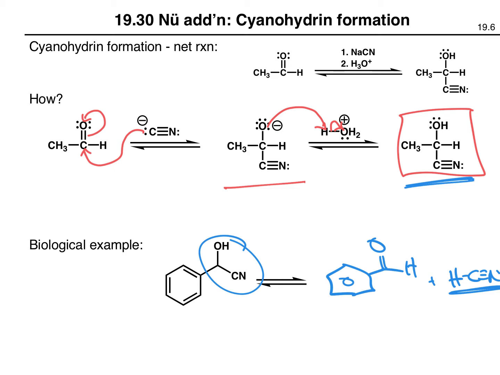Now, it's favored for the equilibrium to be this way, but in the presence of a particular enzyme, the equilibrium can be pushed toward the right as written. So the cyanohydrin and the enzyme are stored separately, but if the millipede or the beetle is faced by a predator, then these will be combined, which will make benzaldehyde, but more importantly, it makes the hydrocyanic acid, and so this can be used as protection against predators.